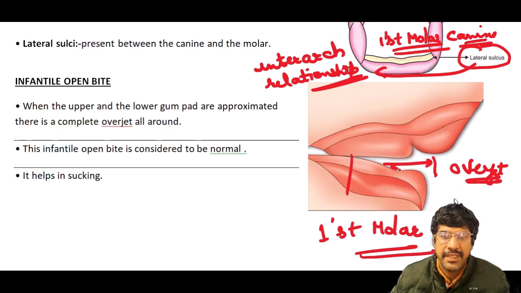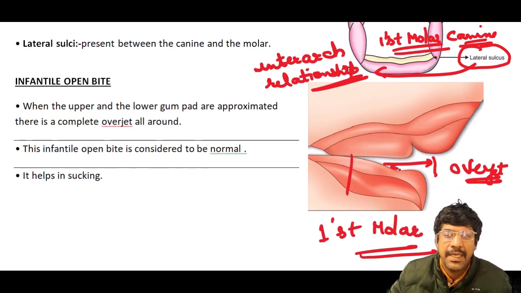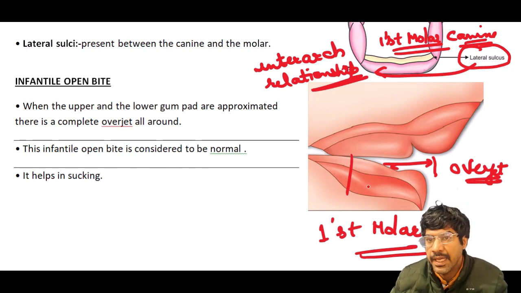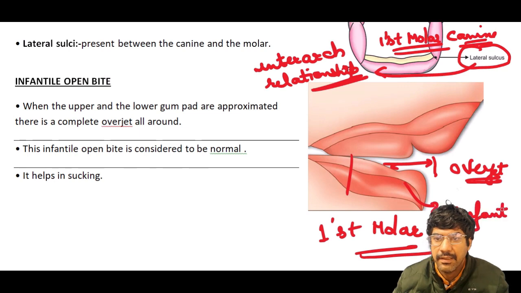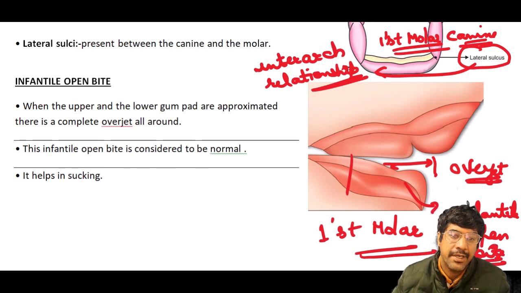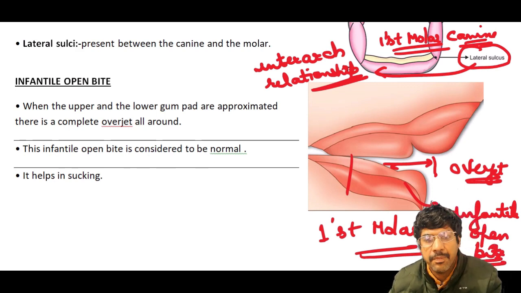This space between the upper and lower gum pads in the anterior region creates the infantile open bite. That is considered normal during the early stages of development.